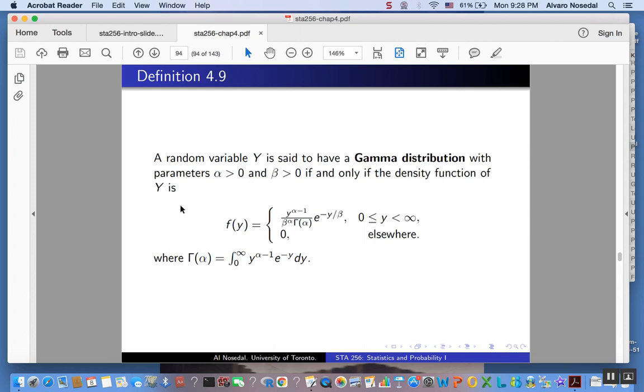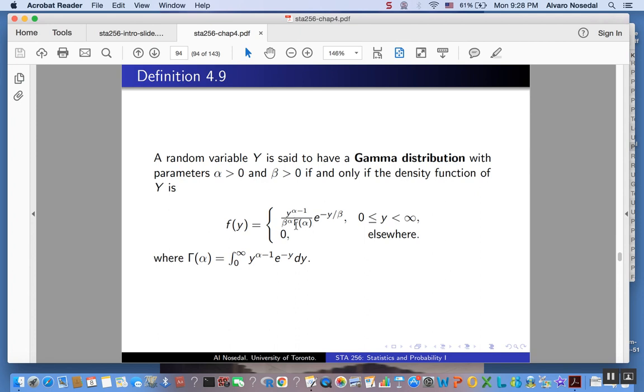So the first item in our agenda, showing you the definition of a random variable with a gamma distribution. That's what that guy looks like. The PDF is going to be y to the alpha minus 1 divided by beta to the power of alpha times the gamma function. Remember the gamma function? We talked about it in another video.